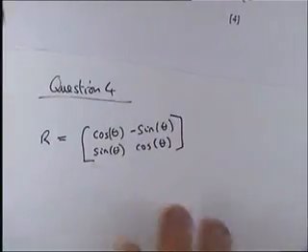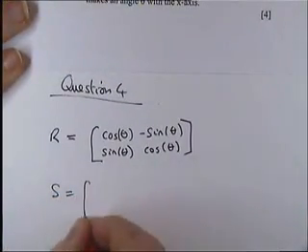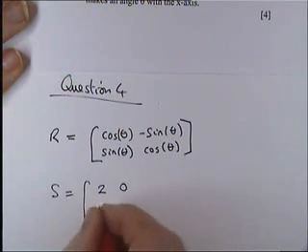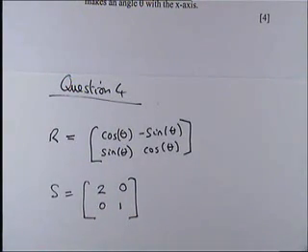And the stretch S parallel to the x-axis is going to be 2, 0, 0, 1. If you don't know that, you have to learn it. There are certain things you have to know and you can't avoid, so you just have to get on and learn it. So those are the transformations R and S.